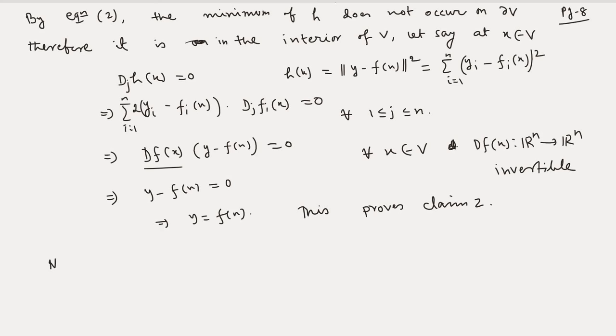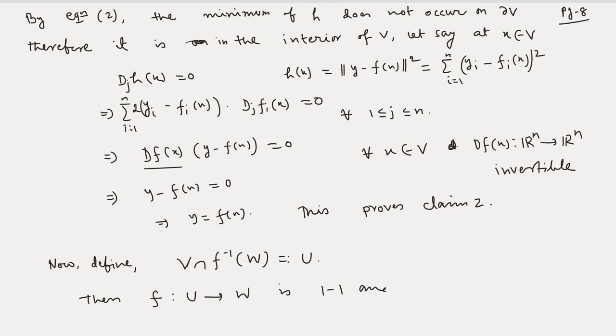Now we define U equal to V intersection with F inverse of W. Then by construction, F restricted to U, mapping onto W, is one-one and onto, and hence invertible.